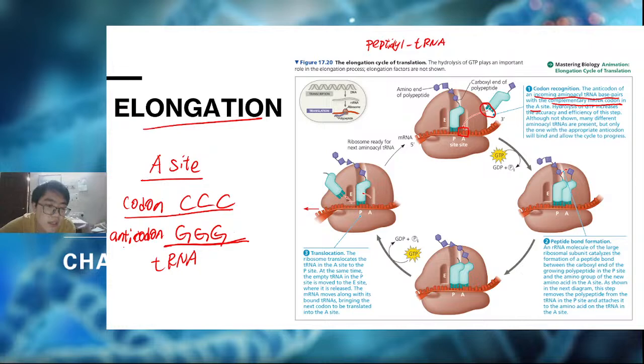So only the tRNA that carries the GGG anticodon with its respective amino acid will bind to the A site. The others cannot. So this is the meaning of the first step. This process also requires GTP.